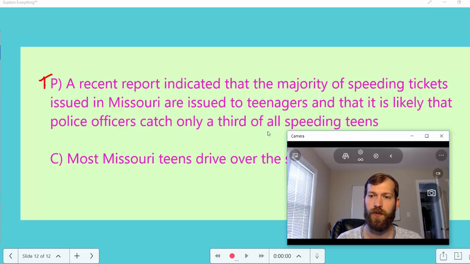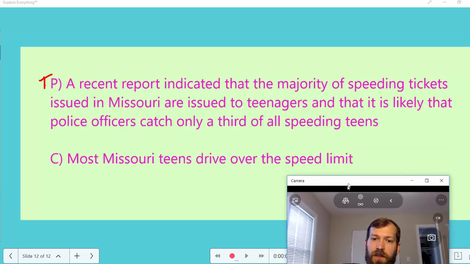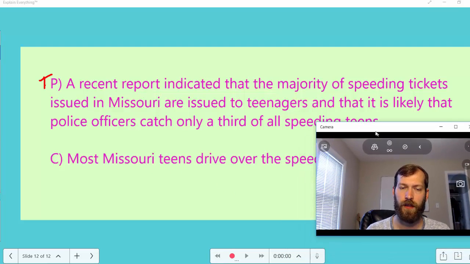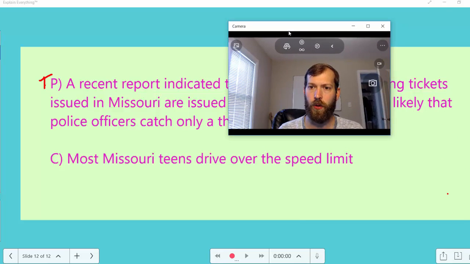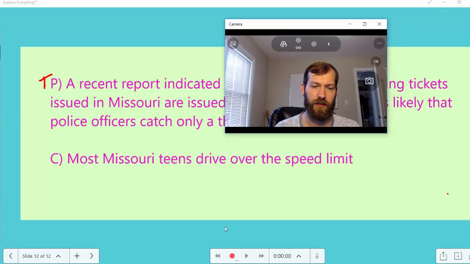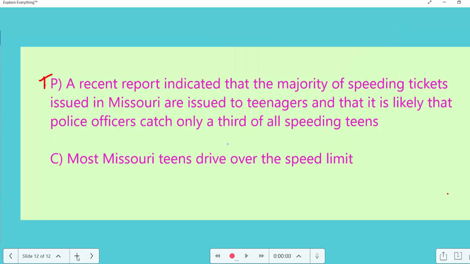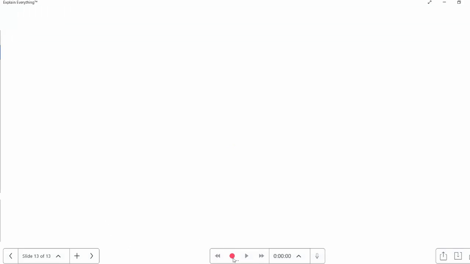So we take this rate of the majority of speeding tickets being given to teenagers and then transfer it to think that the majority of teens themselves must drive over the speed limit. But that's not the case. That doesn't have to follow. And we can illustrate why that's the case in this blank slide.